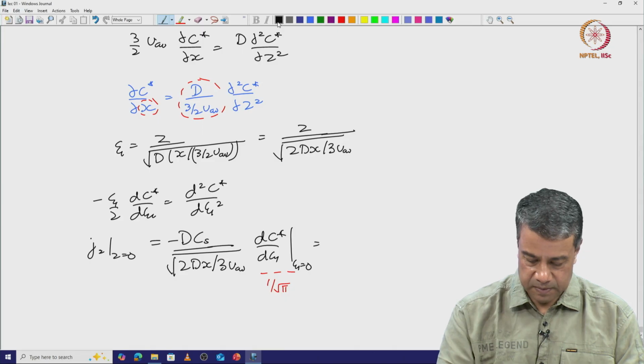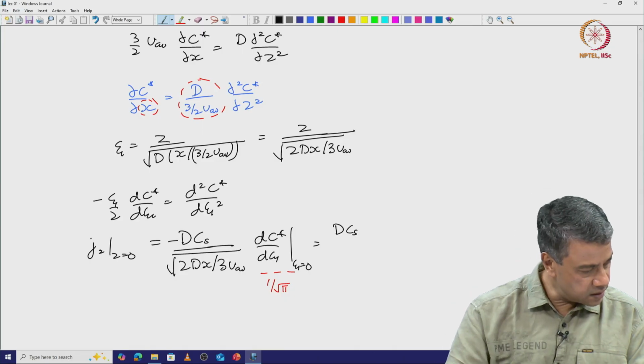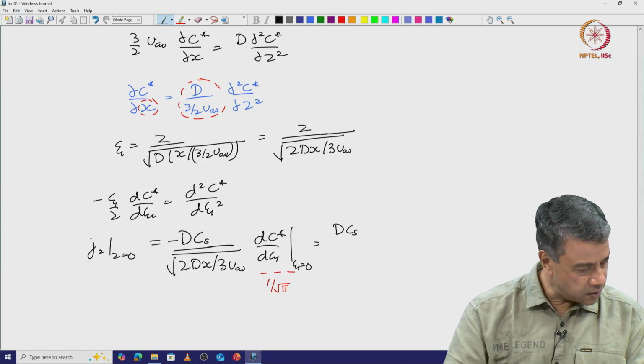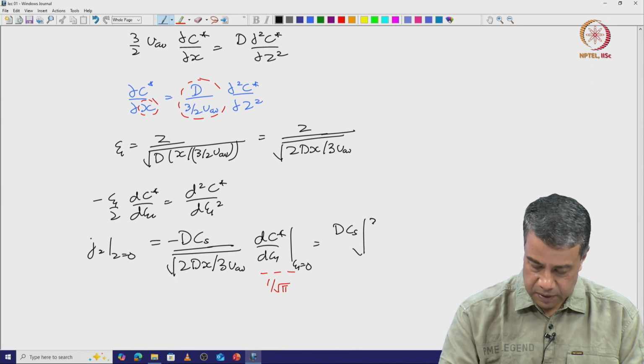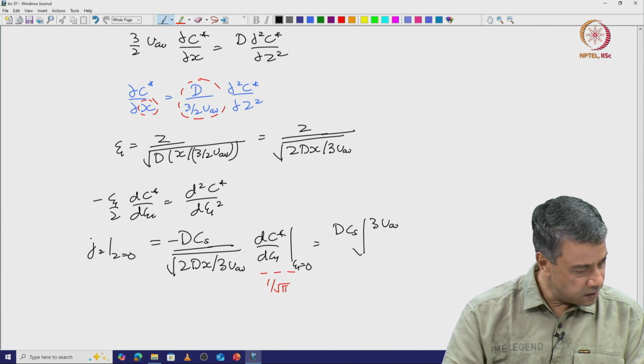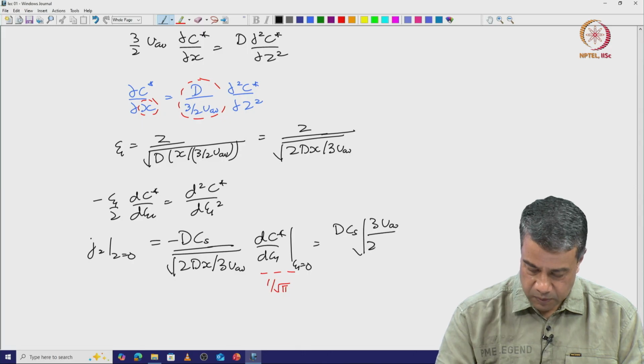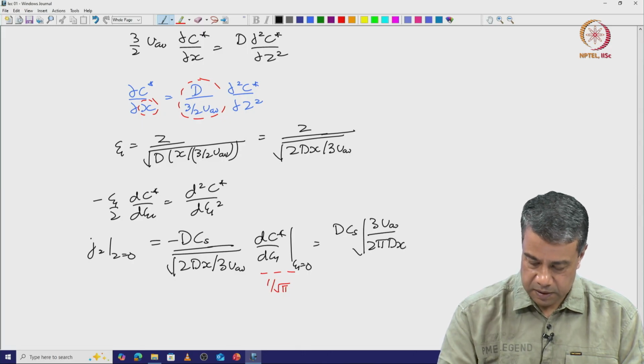This becomes d Cs into root of 3 V average by 2 pi d x.